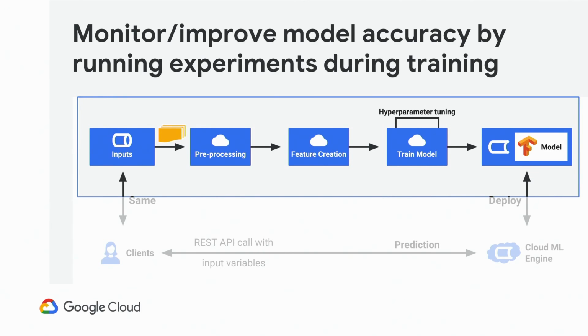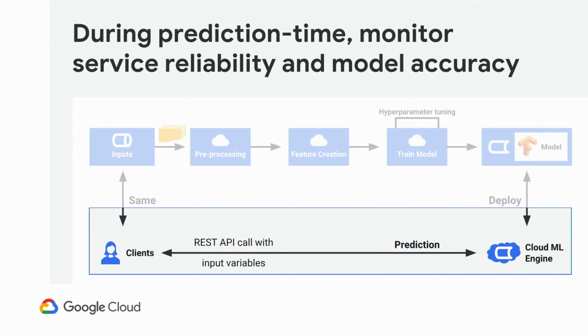Do I do this type of feature processing or some other type of feature processing? And the way you decide that is through model accuracy. But then you turn around and you've deployed your model. The model accuracy is no longer the big thing. Now you need your service to be up. You need things to be reliable, and you need the model to be accurate. So for the service reliability, you monitor certain things. And for the model accuracy, you monitor the inputs to your machine learning model to make sure that the assumptions by which you trained the model haven't changed.